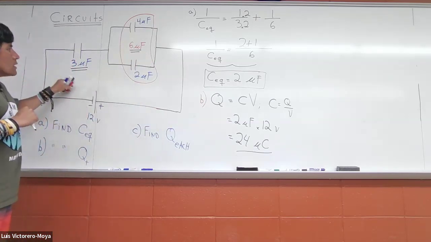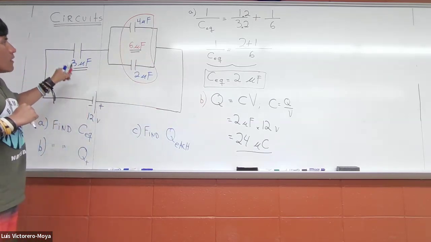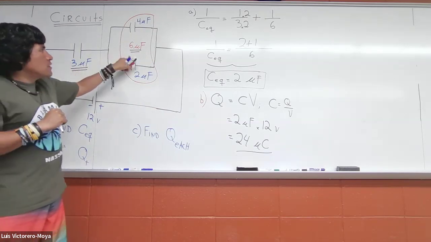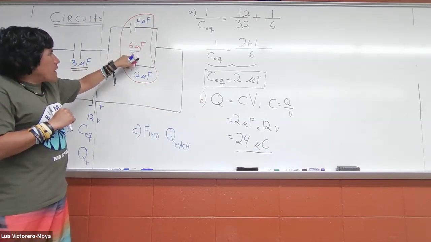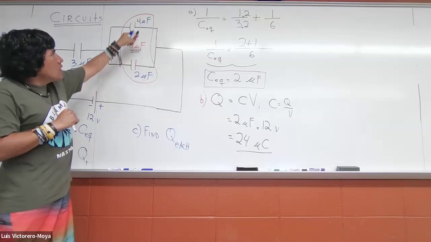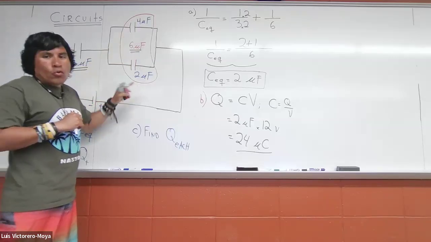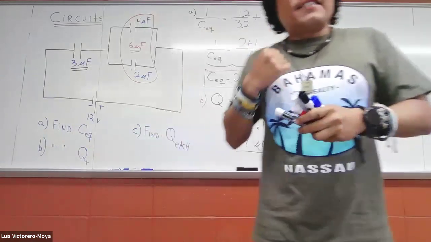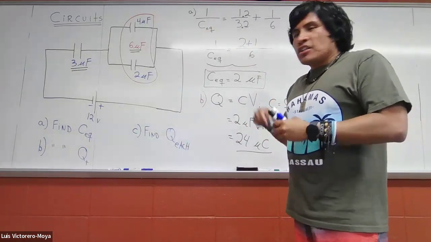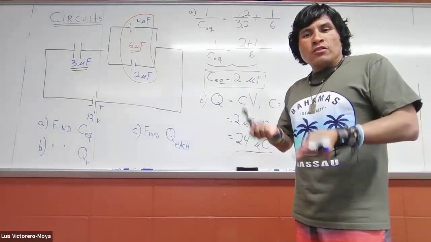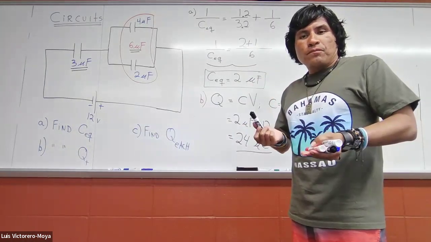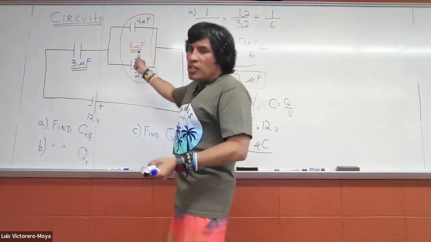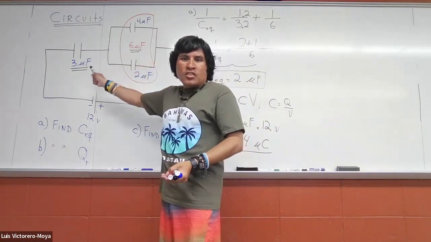Now, 3 is in series with 6, and 6 is a parallel combination between 4 and 2. So, because 3 and 6 are in series, the charge on 3 is equal to the charge on 6. See, the charge here is the same as the charge here.